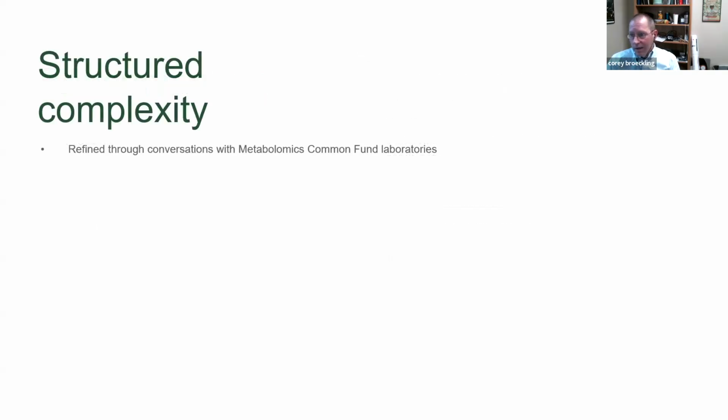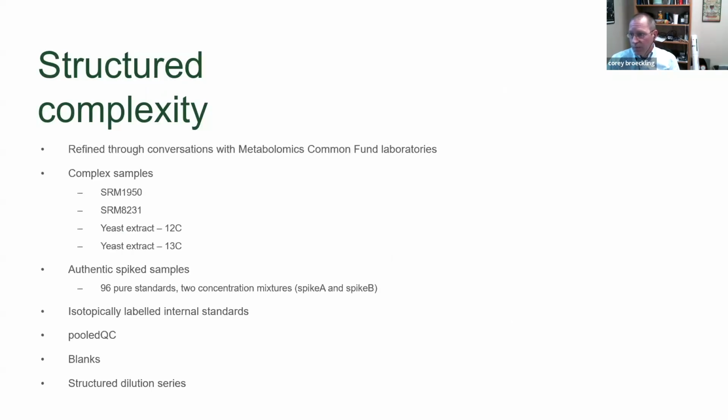So I like this term, structured complexity, where we acknowledge that metabolomics is messy and that there are a lot of signals that are difficult to predict and define well. But what we can do is take advantage of that complexity and build structure into our sample set to enable us to help establish ground truths.